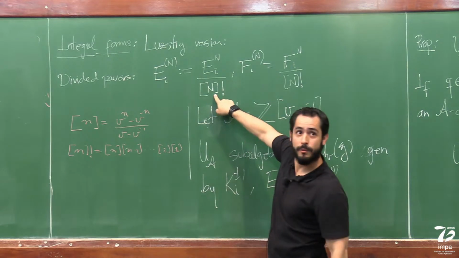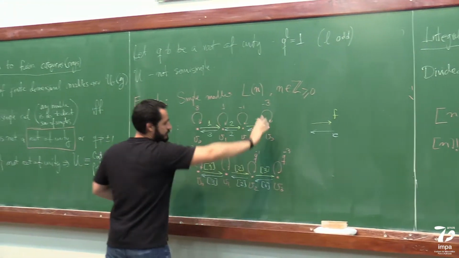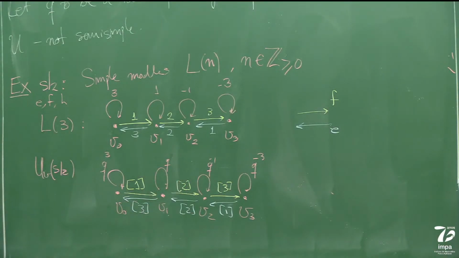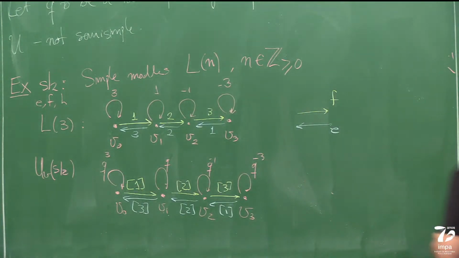These coefficients are always different from 0. So this module is exactly the same, with different coefficients, irreducible. Nothing happens. But when I have the root of unity case, and that's the reason I need to use these divided powers generators.